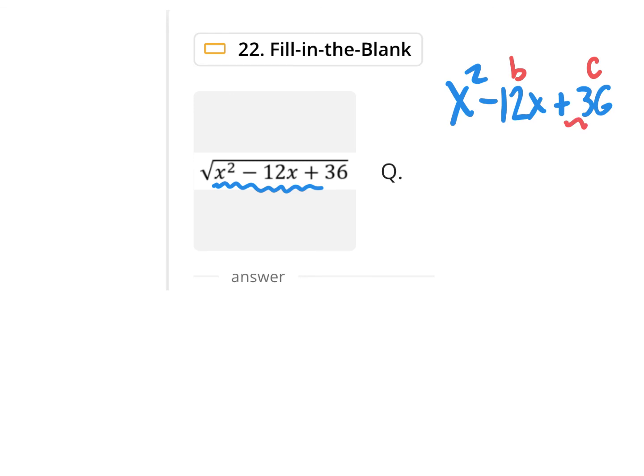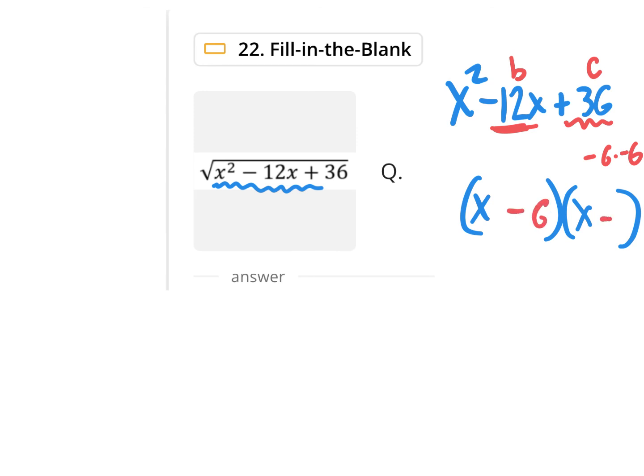Because what times what is 36, that if you combine together is negative 12, that's going to be a negative 6 times negative 6. So when I set this up, the factored form with an x right here and an x right there, there's a minus 6 in here and a minus 6 right there, right? That's the only way that when you multiply you get positive 36, and when you combine them you get the negative 12. So in reality, this guy is these two binomials, the same identical binomial multiplied with itself.